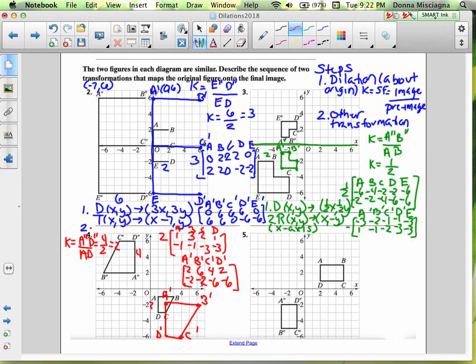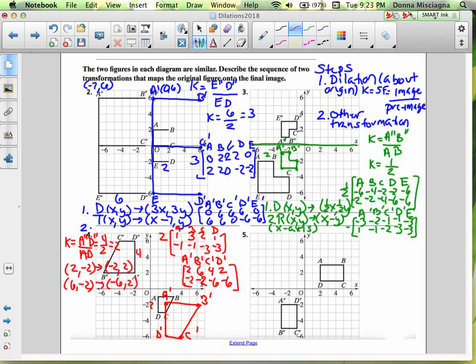Let's actually write these points down, and then we can see it. You don't have to write this part down unless you have space. So A prime is at 2, -2, and that maps to -2, 2. Same numbers, signs are changed. B is at 6, -2. B double prime is at -6, 2.